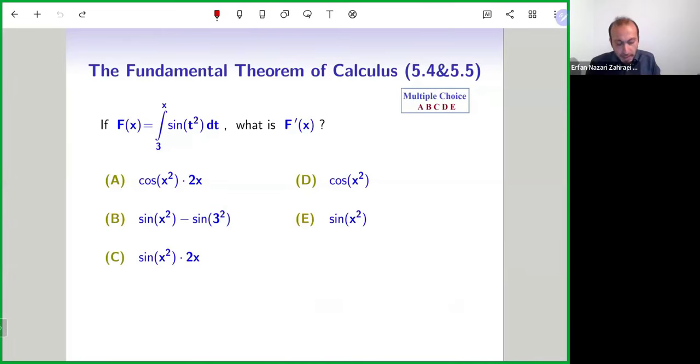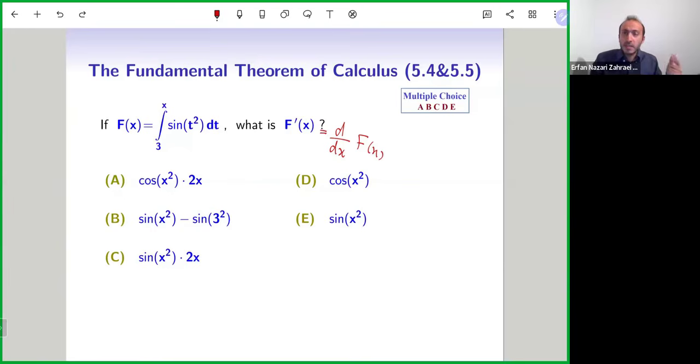This is exactly like the area function. It's like an indefinite integral where this is constant. That's very important. This is constant, and this is the variable x, and this f prime means derivative with respect to x. This thing that we are computing is basically the derivative with respect to x of f(x). We are taking the derivative of this with respect to x, and that's exactly here.